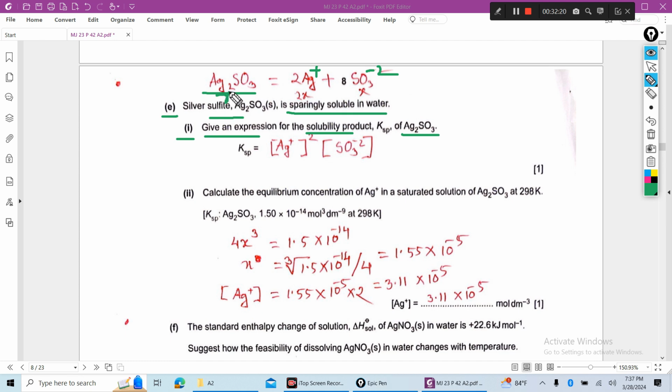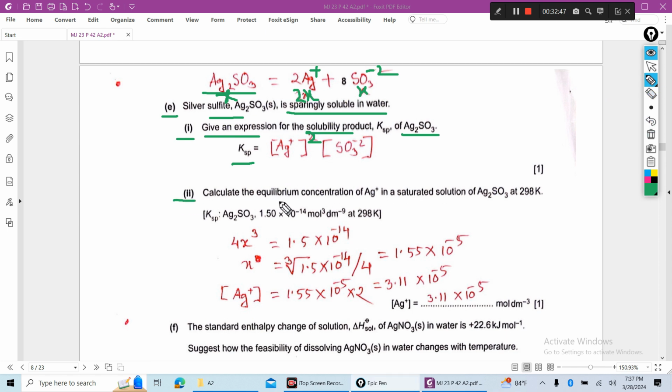If the solubility is x, this will be x and this will be 2x. So the solubility product Ksp equals concentration of silver ion squared, because of 2 silver, times concentration of sulfide ion, and the number of moles goes to the power, here 2.